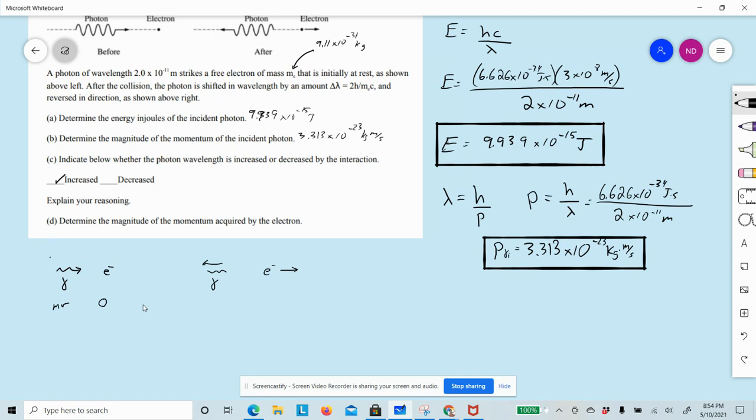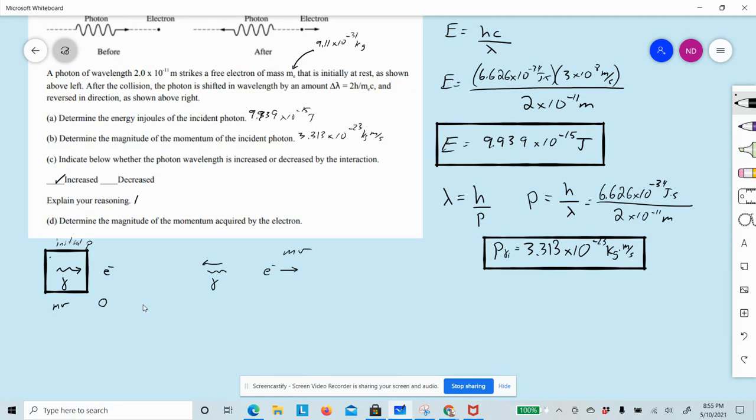So the initial momentum is coming all from the photon, because the electron has zero momentum. The electron goes off with some mv. If it gets some momentum, which it originally had none, it's got to get it from here. So what's going to happen?